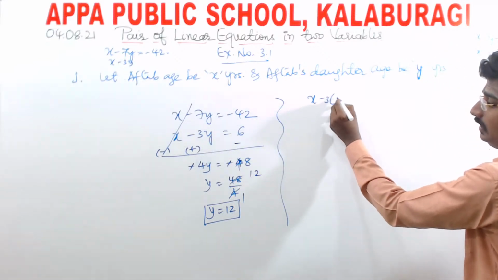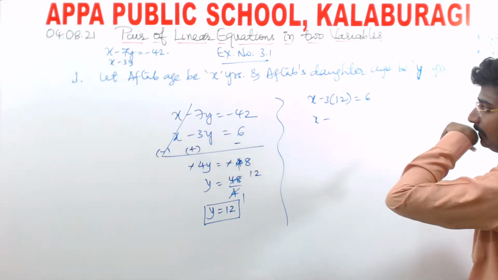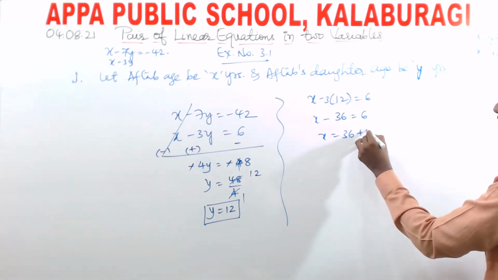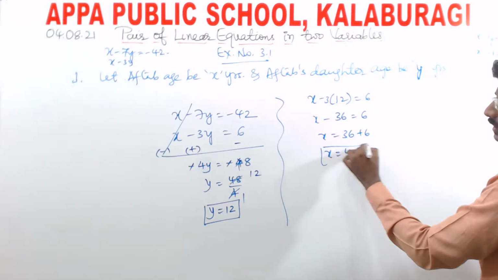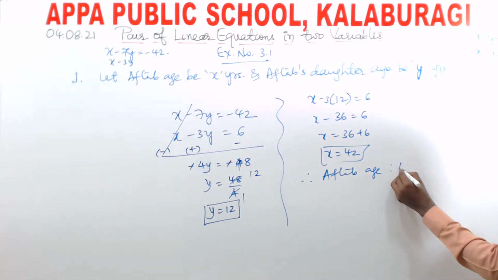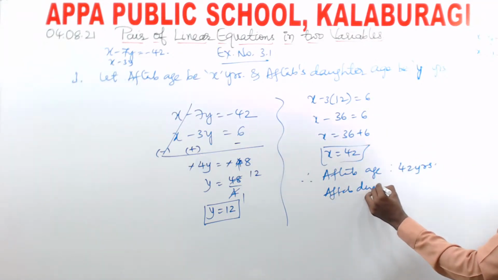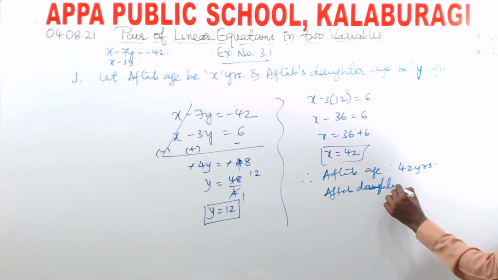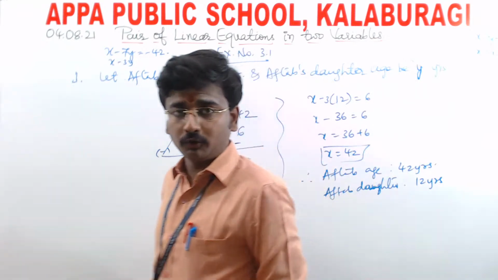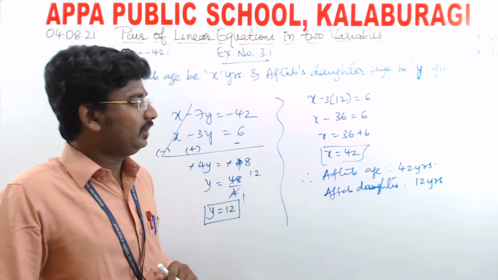X minus 3 into 12 equal to 6, X minus 36 equal to 6, X equal to 36 plus 6, 42. Therefore, Aftab's age is 42 years and Aftab's daughter's age is 12 years.